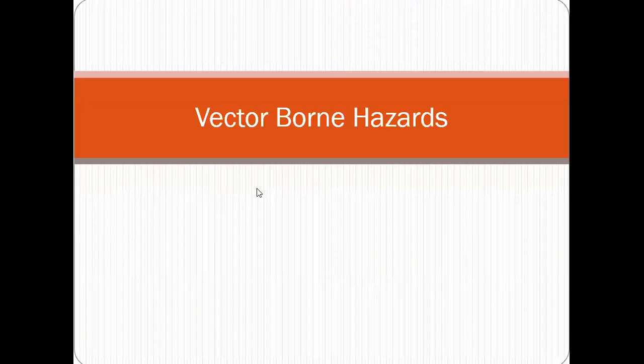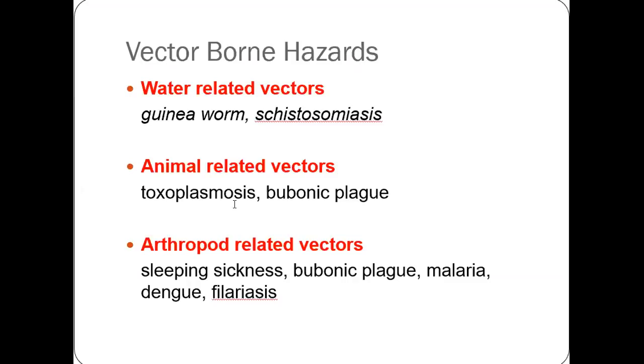So another form of hazard is vector-borne hazards. Vector-borne hazards are usually biologic agents that are found in the environment. So they are actually a part of the ecosystem where we are also living. So we live among them.